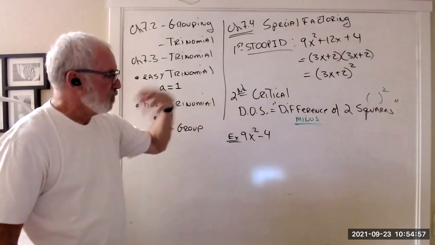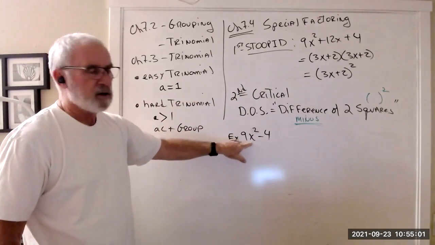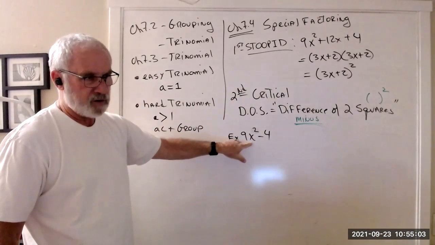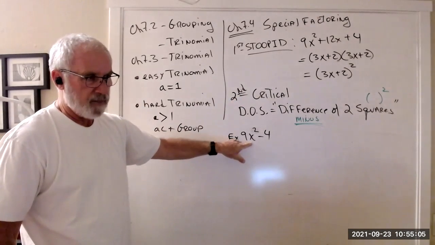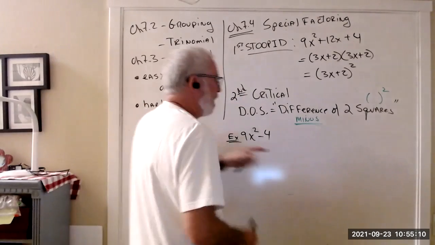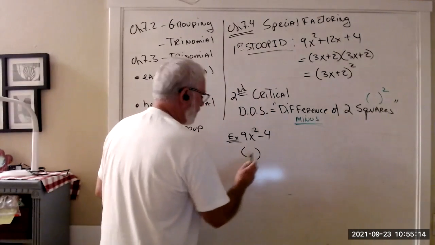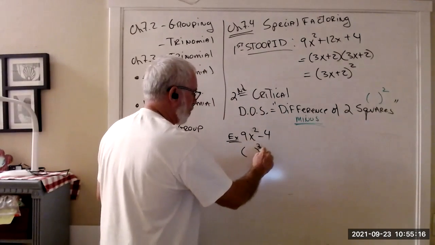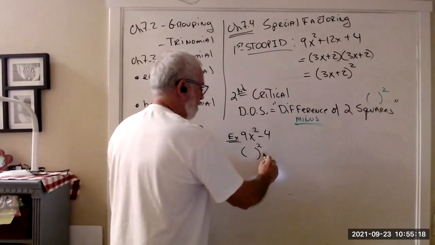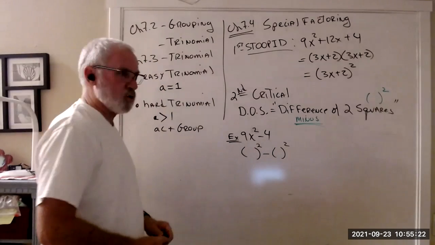Because when I show you this, you can factor this problem in about 2 seconds if I'd just shut up and let you go to work. But here's the game. Are they squares? Can you write 9x squared as a quantity squared minus, can you write 4 as a quantity squared?